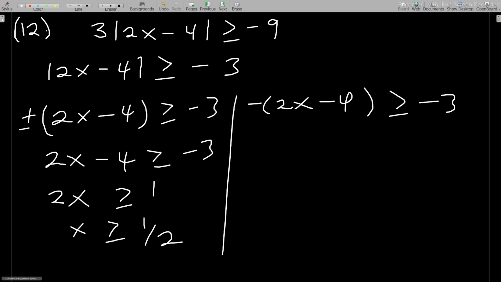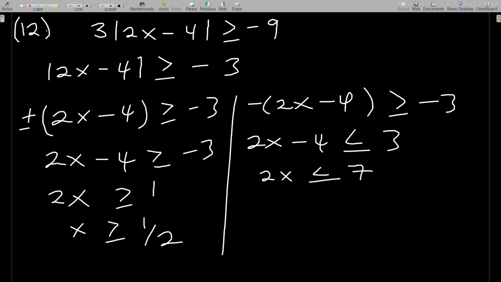When I divide through by that, I'll have 2x minus 4 less than or equal to 3. I hope you get this. So I have 2x less than or equal to 3 plus 4, that will be 7. So x is less than or equal to 7 over 2.